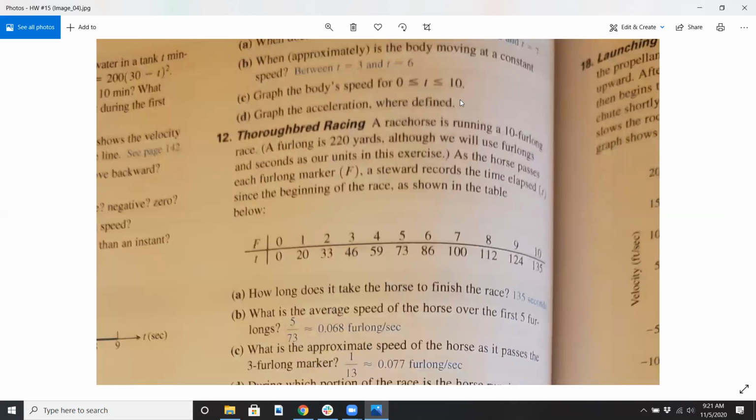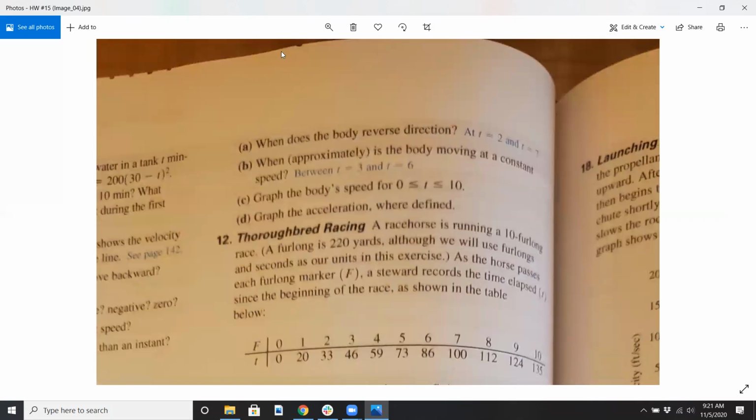Okay. So it looks like there are 4 parts to this problem. So when does the body reverse direction? Now the graph looked like this, so I'm going to replicate the graph up here. So this is 3. This is -3.